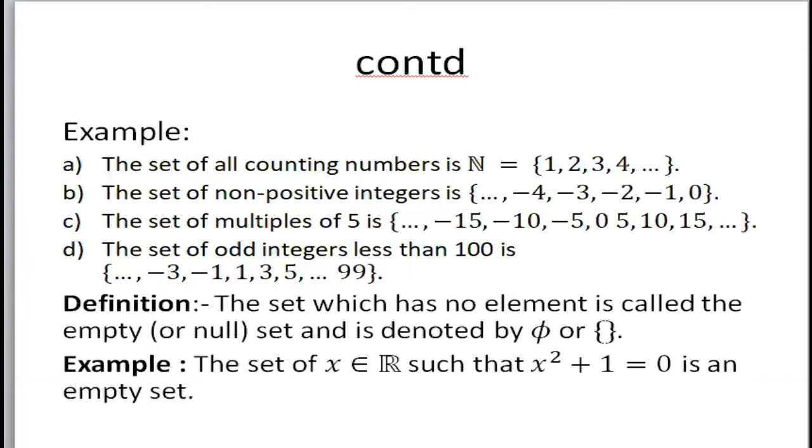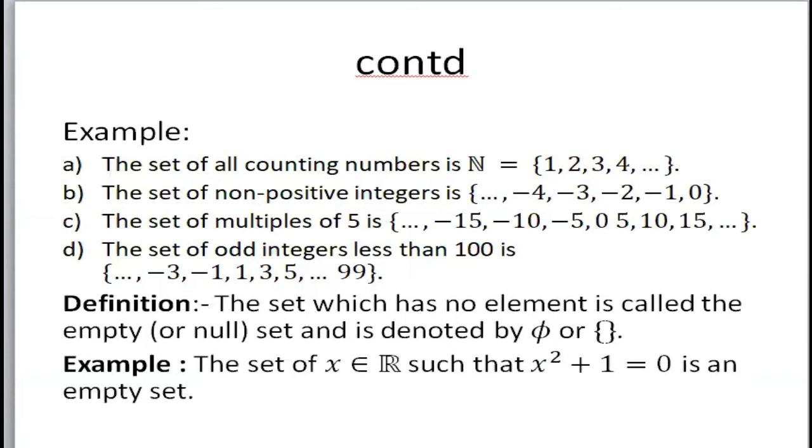And the third example is the set of multiples of 5. Again, this one is infinite. The set of multiples of 5 goes towards both the left as well as the right, because there are negative multiples of 5 as well as positive multiples of 5.